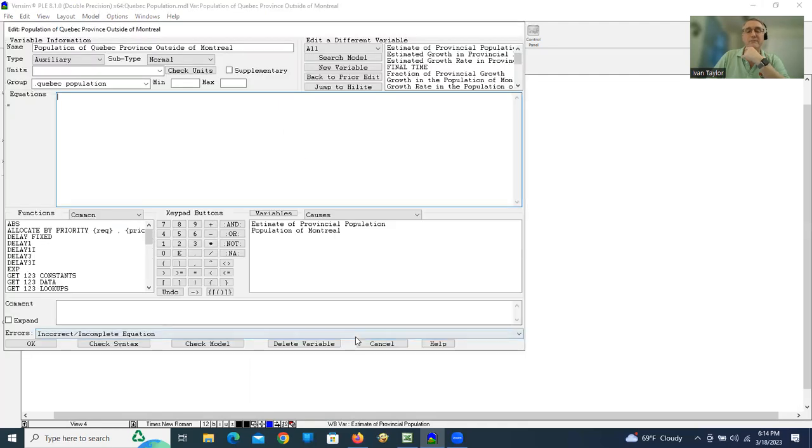So here we have the population in the province minus the population in Montreal, and the population in the province should include the population in Montreal.